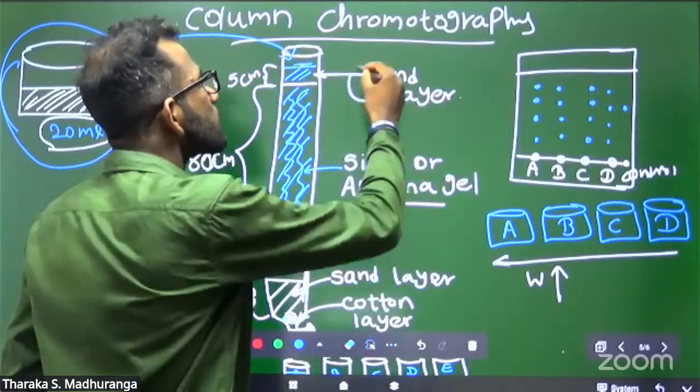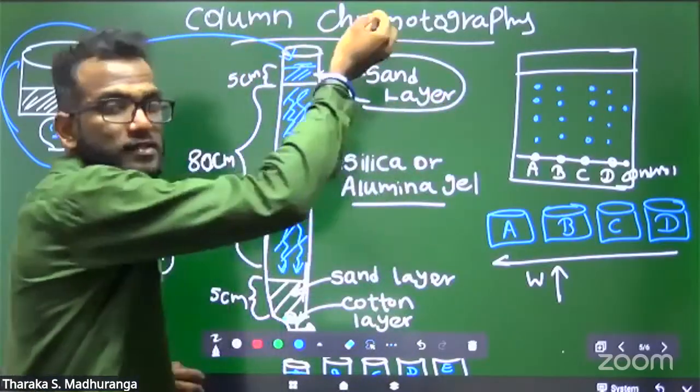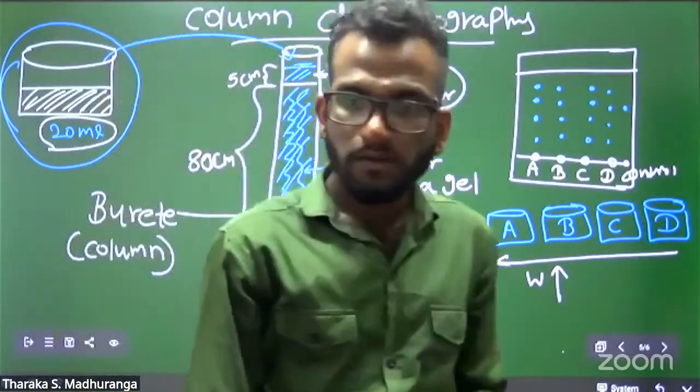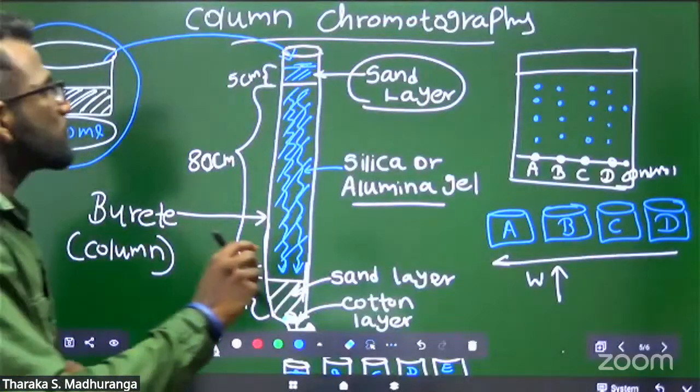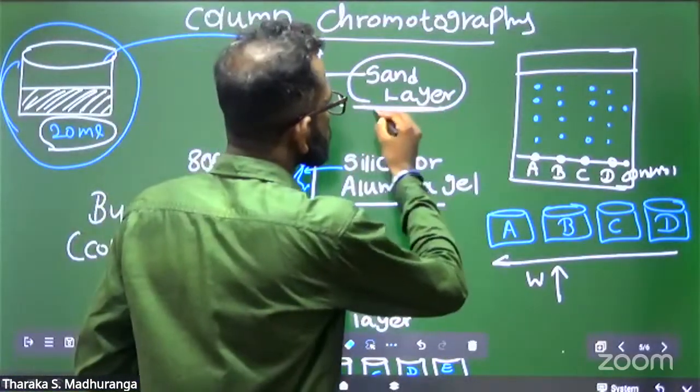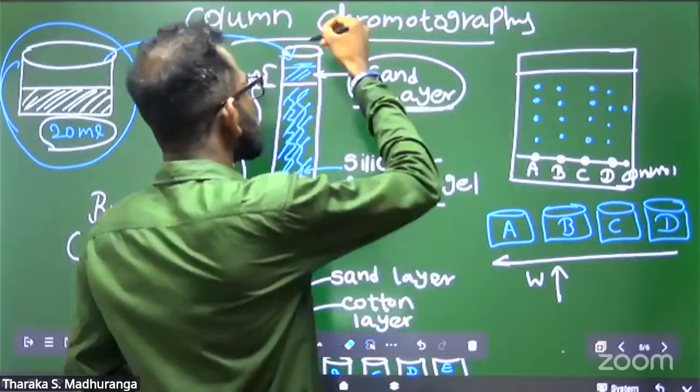Why do we add the sand layer at the top? What is the reason? What is the purpose? That's very important. That's an exam question. Why do we add a 5 centimeter sand layer at the top?